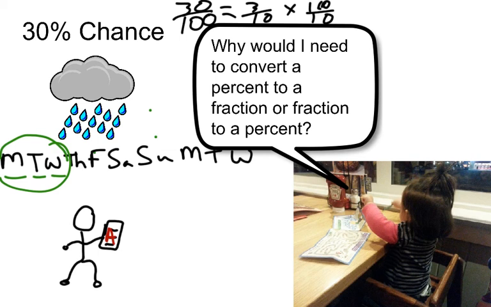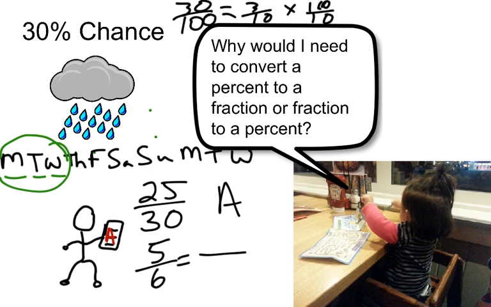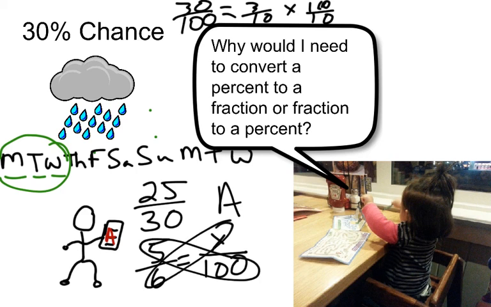Likewise, if I said in a class of 30 students, 25 out of the 30 students received an A on a test, that of course can be translated to a percent. So we of course would say, well, 25 over 30 can be reduced to 5/6 equals what out of 100? We would have to use cross products in this case because 6 and 100 aren't distributed evenly.